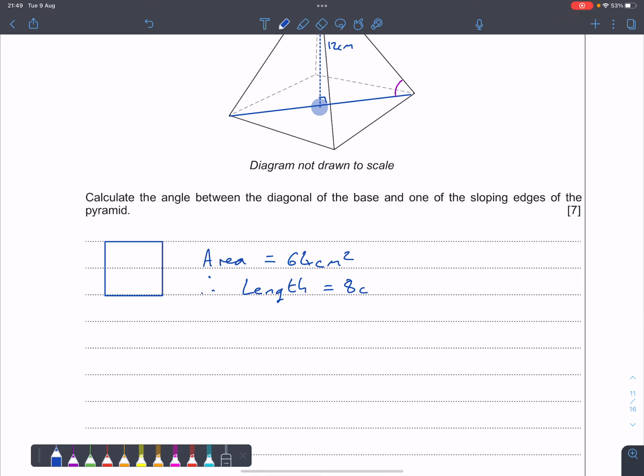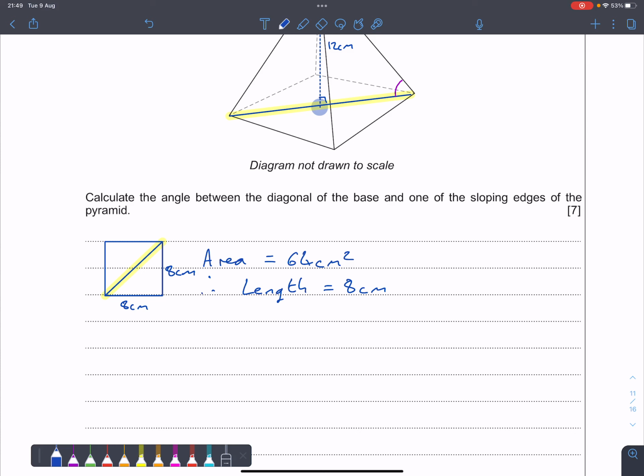So each one of these is going to be 8 centimeters. So that's 8 centimeters. That's 8 centimeters. So the diagonal that we're looking for is this length here. Okay, so that matches up with this length there.